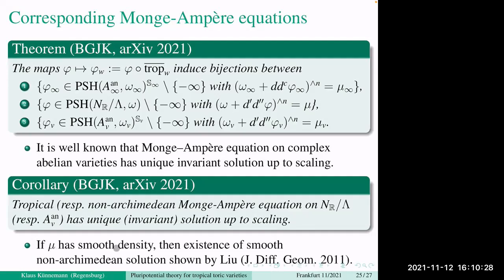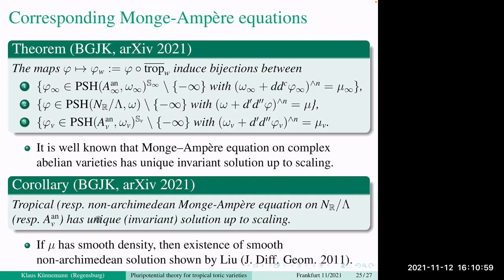Yeah, so if mu has a smooth density function, then the existence of the smooth non-Archimedean solution was shown by Liu. And he also worked with the skeleton, and he used results about the real Monge-Ampère problem on real tori in order to deal with this case here. So we generalize the result of Liu in two ways.